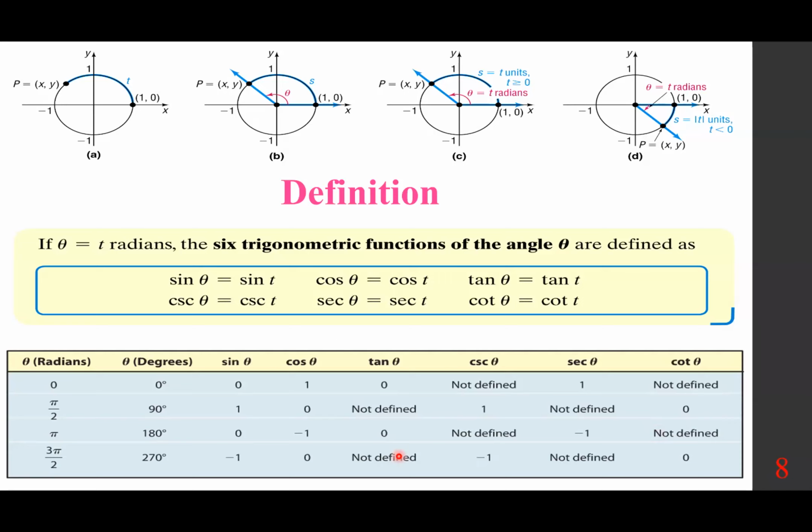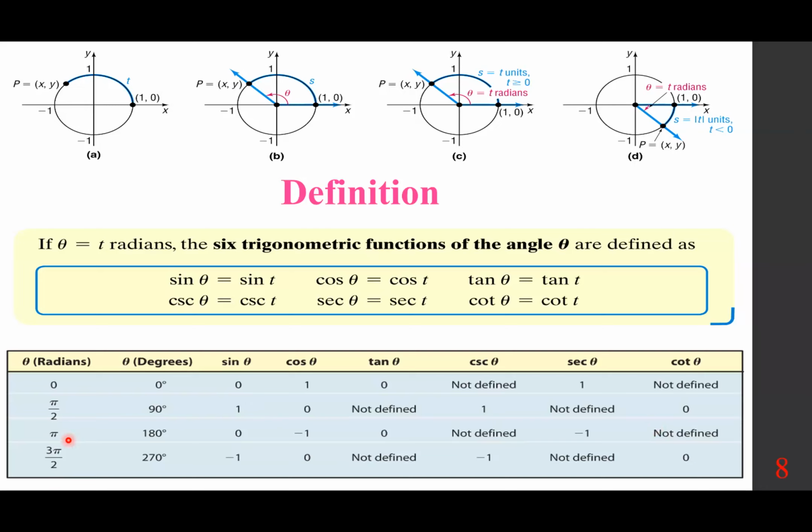And as we come across them, there will be quite a few more. Those are known as common arcs, common angles. And the quadrantal angles are very easy to memorize. Okay, so for example, pi over 2 or 90 degrees, the sine is 1. We have to be very comfortable with those.